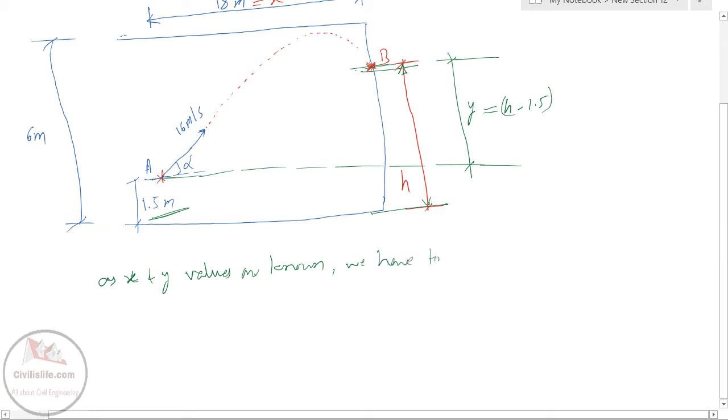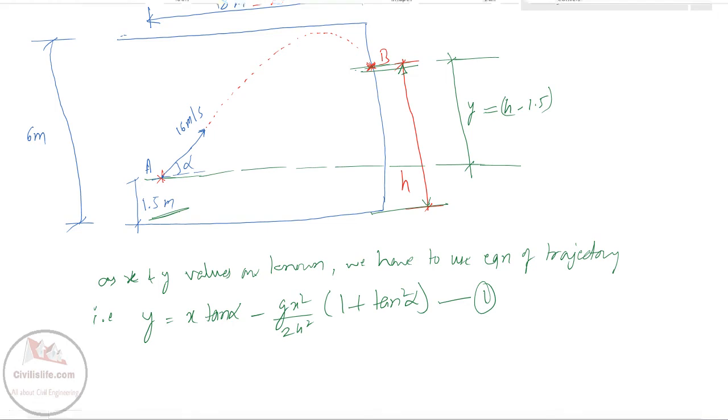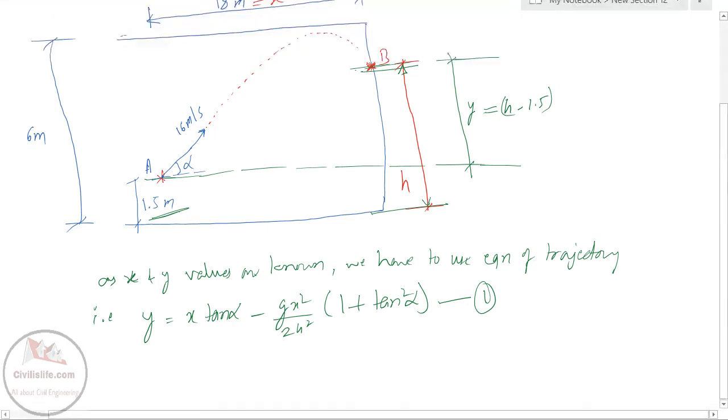I have to use the equation of trajectory, that is y is equal to x tan alpha minus g x square upon 2 u square into 1 plus tan square alpha. Now if we look into this equation number 1, let's check what are the values known to us.